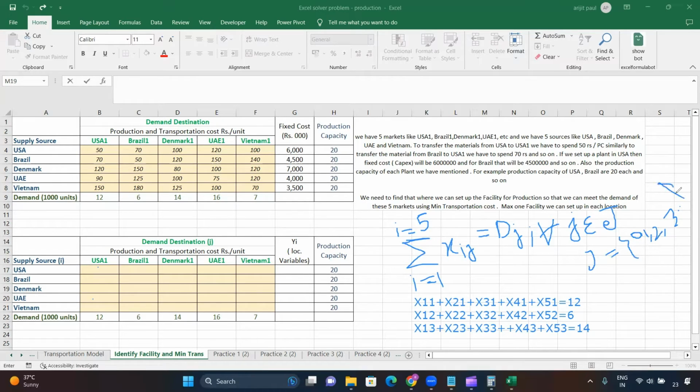Okay, so this becomes our compact mathematical formula for demand constraint. So this is for demand.